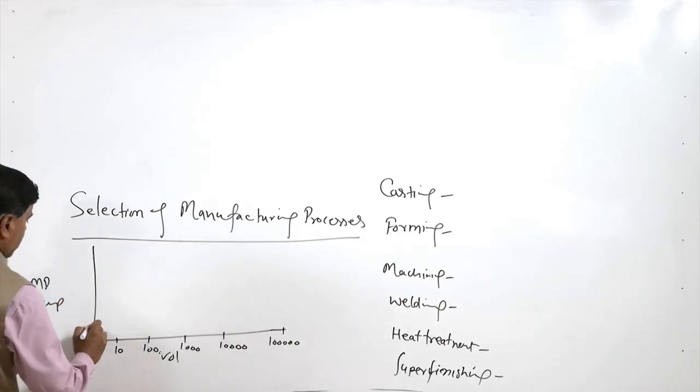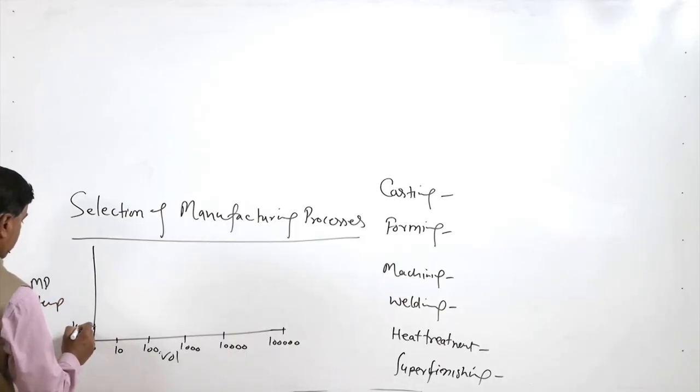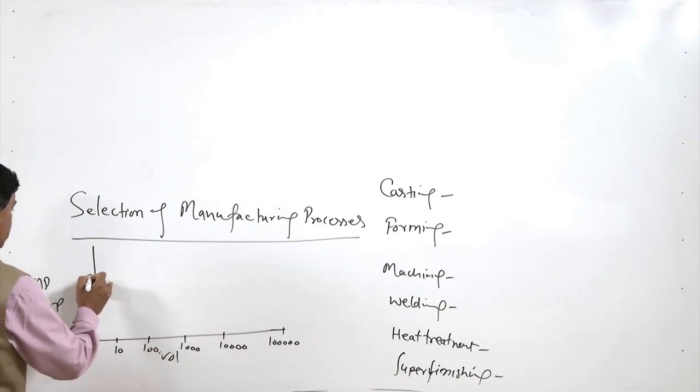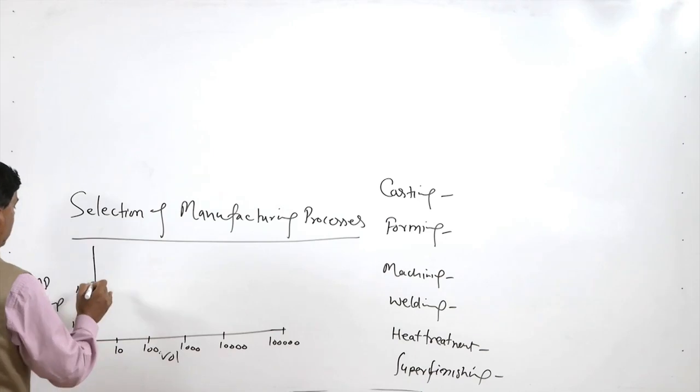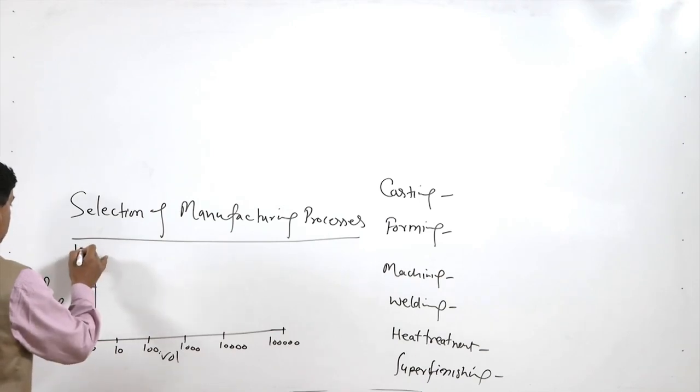So, this is up to 100, then up to say 1000, then 10,000.